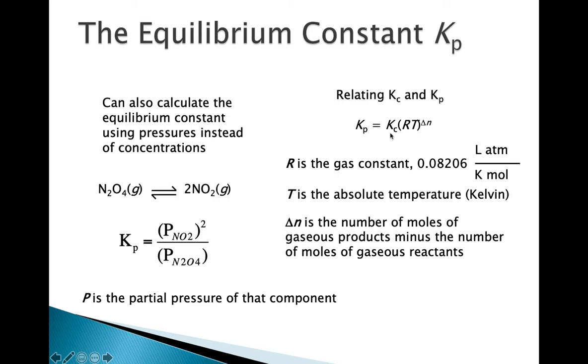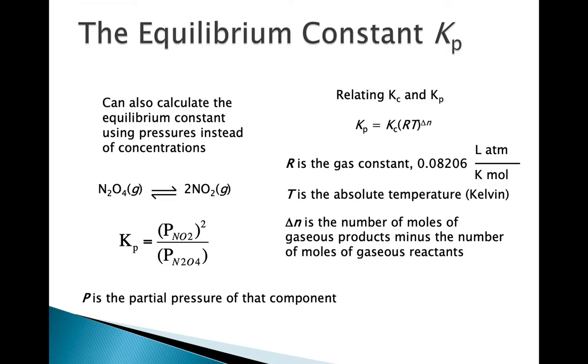Kp is equal to Kc times RT to the delta n power, where R is just our ideal gas constant. It is the one that has liters and atmospheres for units, because we are getting this equilibrium constant that's going to relate pressures and things like that. T involved here does have to be in Kelvin. Again, anytime we use temperature, it needs to be Kelvin. And then delta n is maybe the weirdest part here. It's the change in moles of gas.